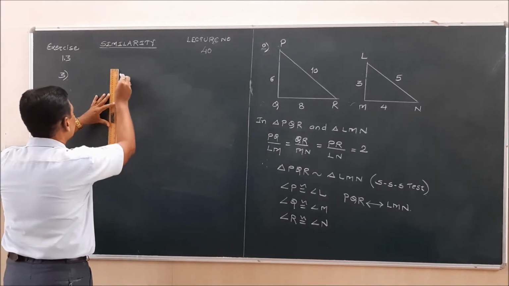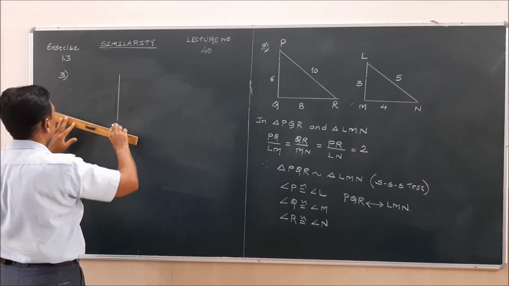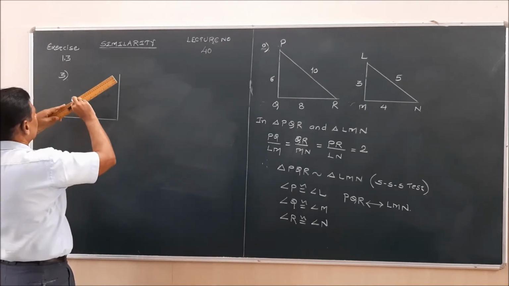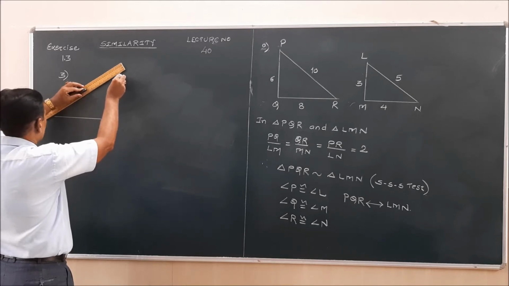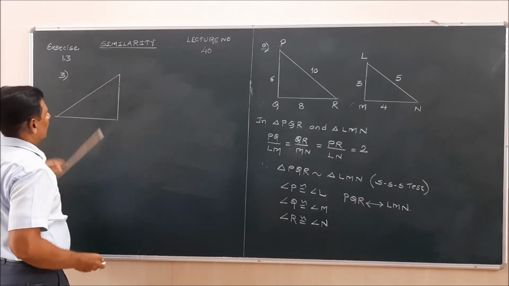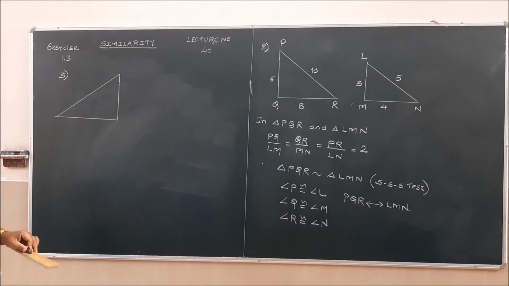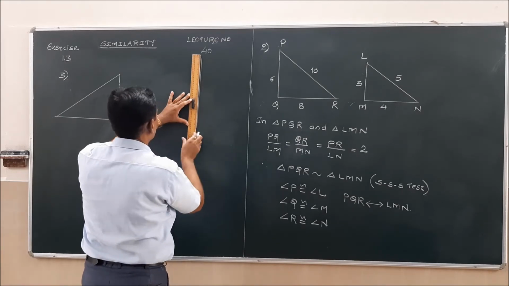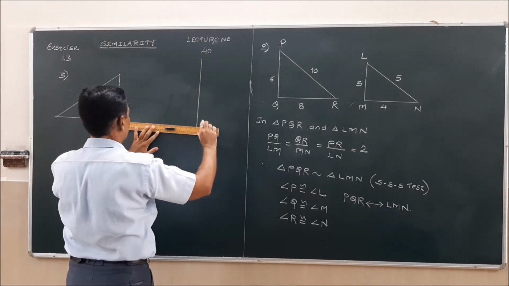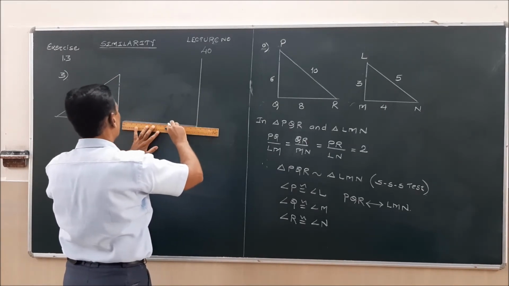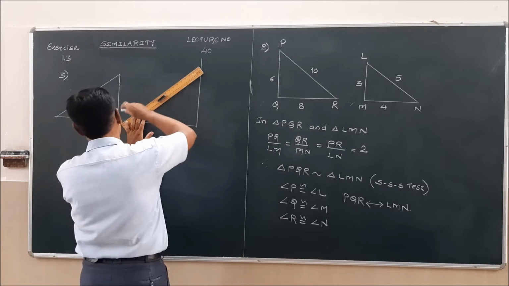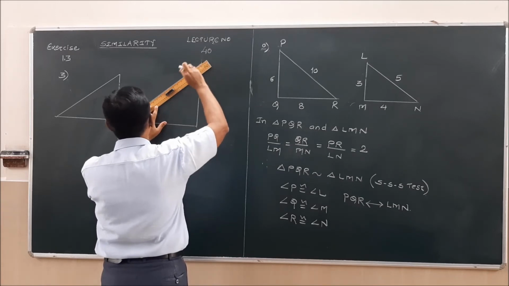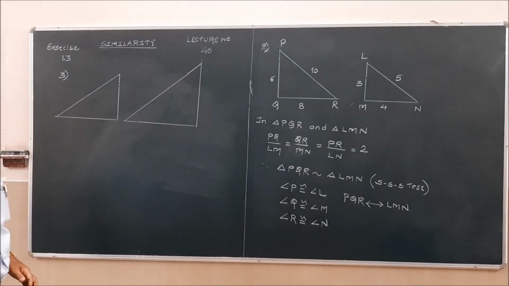PRQ is one triangle, and the second triangle is ACB.